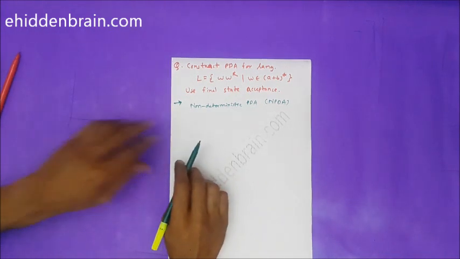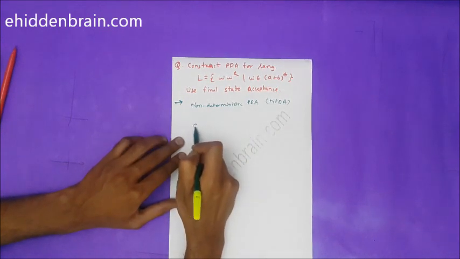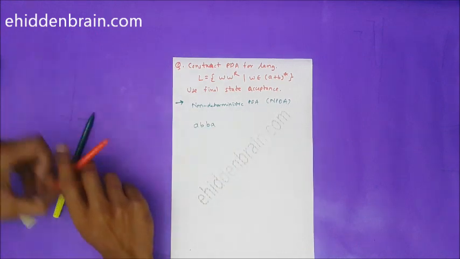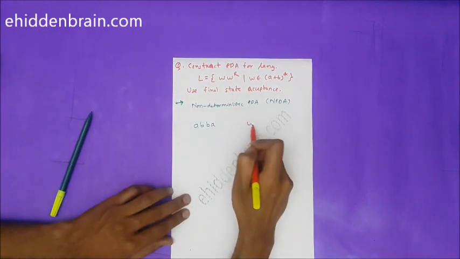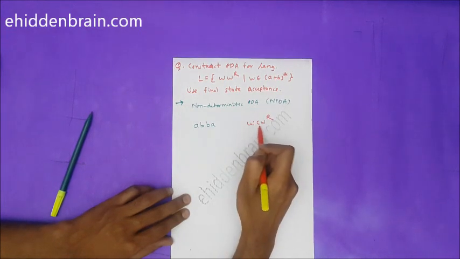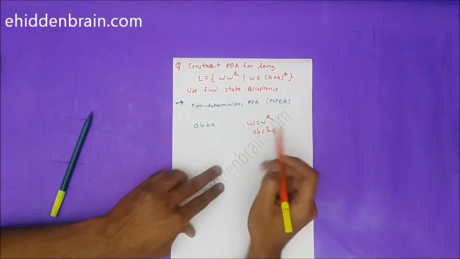Now let's try to have a stack operation for this language. If I really want to accept ABBA. Previously we saw a similar language, but instead of W raised to R, it was WC W raised to R, so the string was A, B, C and then BA. What was the logic at that time?